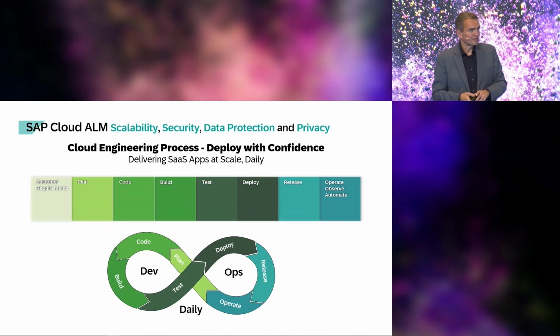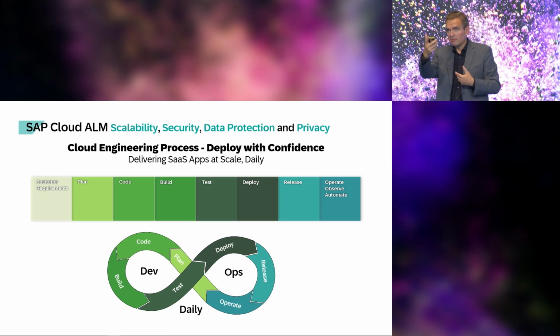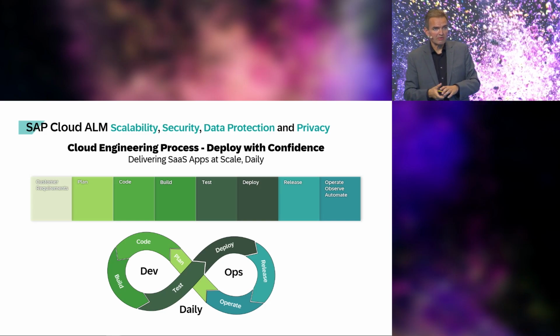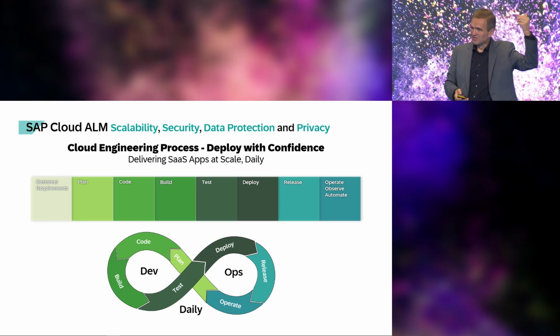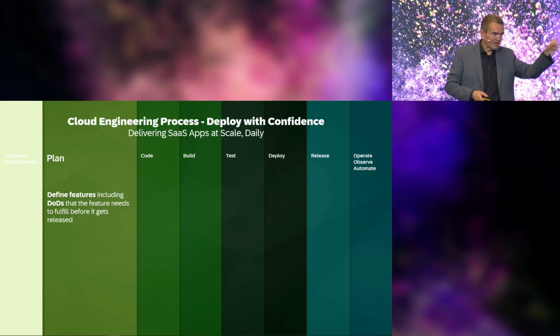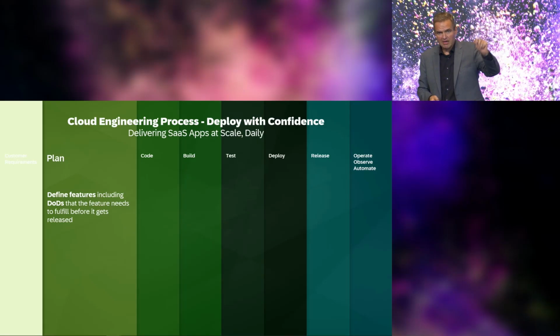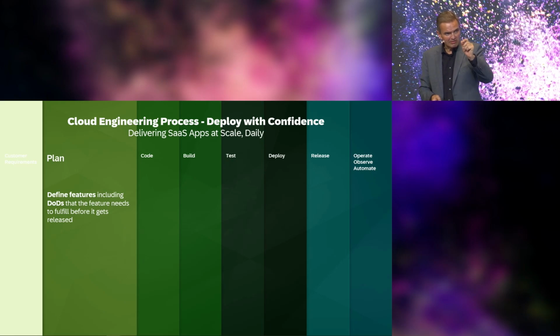How can we do that? This is not the on-premise world. We, Mark and myself, started 30 years ago in this on-premise world, but now we want to do it right. We want to do it this way, which means a cloud engineering process. When we get a customer requirement, we break it down to features. Our product owners are feature owners.